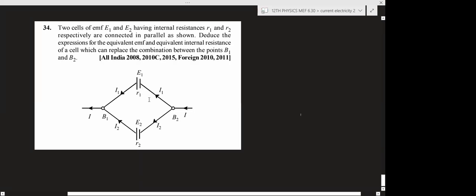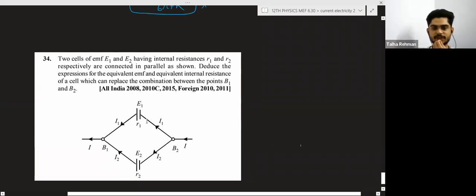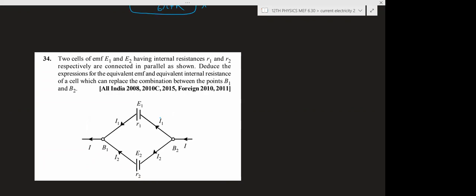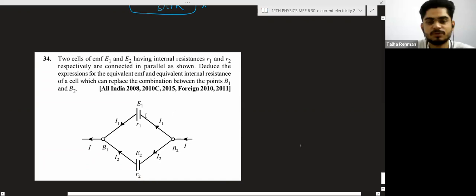Series? No, it is parallel, because these cells are connected end to end. We have not discussed the parallel combination of unequal cells.